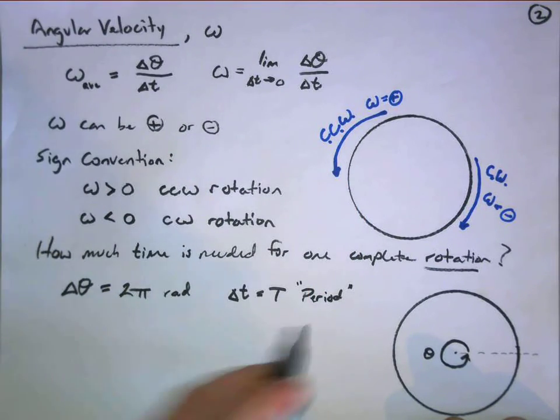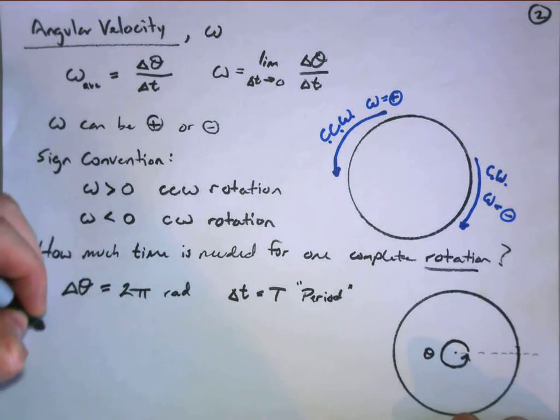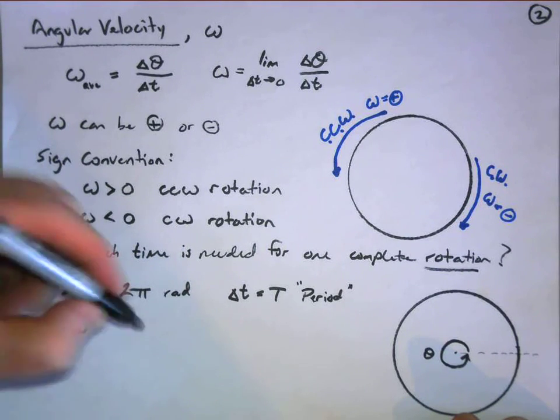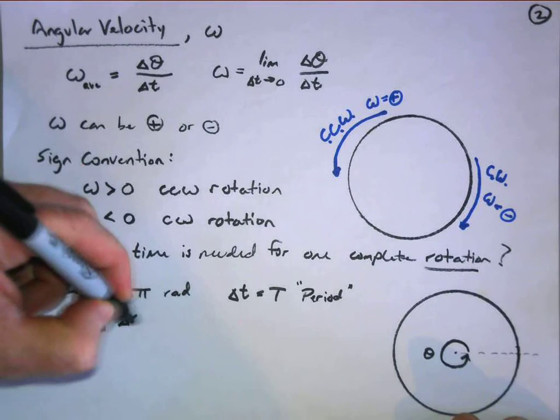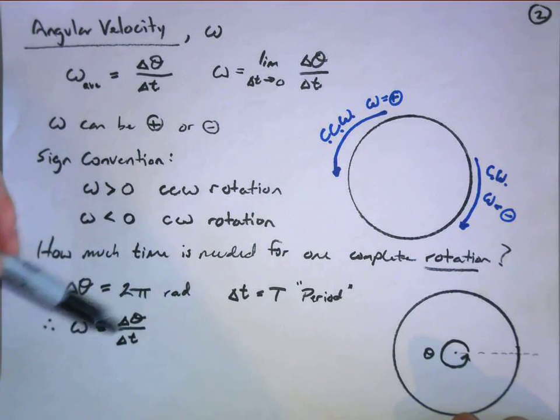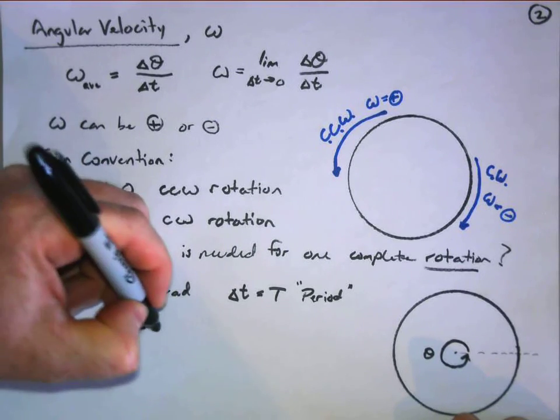By definition, the length of time needed for one full rotation. So from these two quantities, since the angular velocity is equal to the angular displacement divided by the time interval, we can do a substitution.